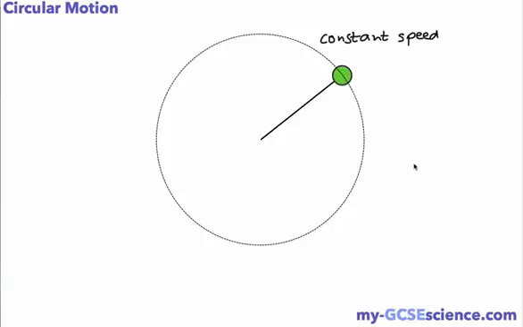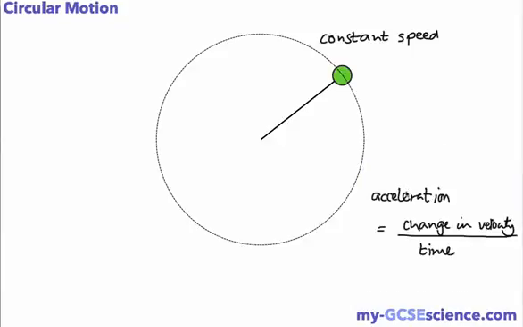Now there's a tricky little thing that you have to really be able to talk about, and that's the idea of the acceleration. Acceleration is a change in velocity divided by time, and as you know, velocity has a direction. When we're talking about velocity, it's very similar to speed, only velocity has a direction. Now if you think about the ball at this moment in time, if you took a snapshot, at this moment in time that ball is actually moving in that direction there.